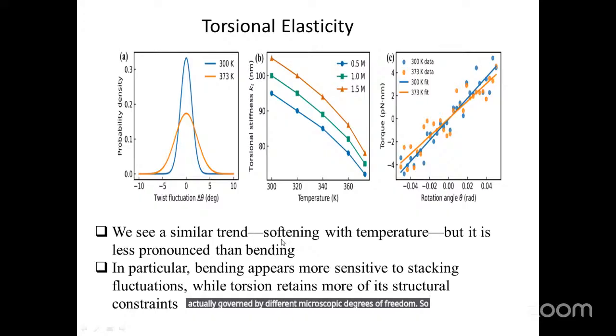In particular, bending appears more sensitive to stacking fluctuations, while torsion tends to retain its structural constraint.